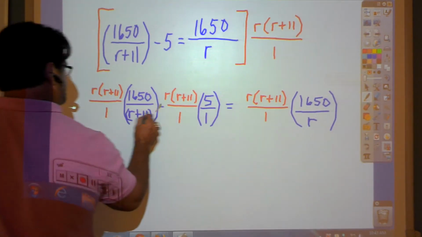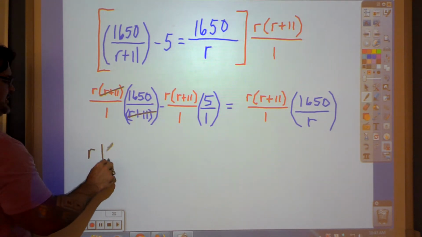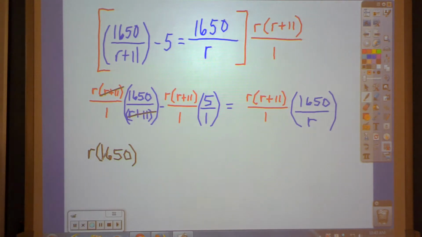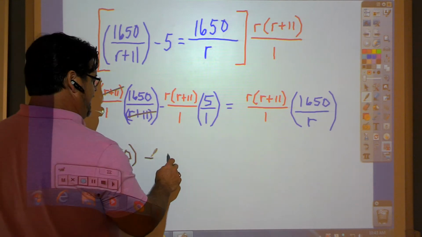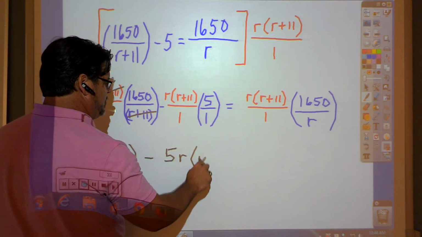R plus 11s cancel. Leaves you with R times 1650 minus 5, nothing cancels here, times R plus 11.